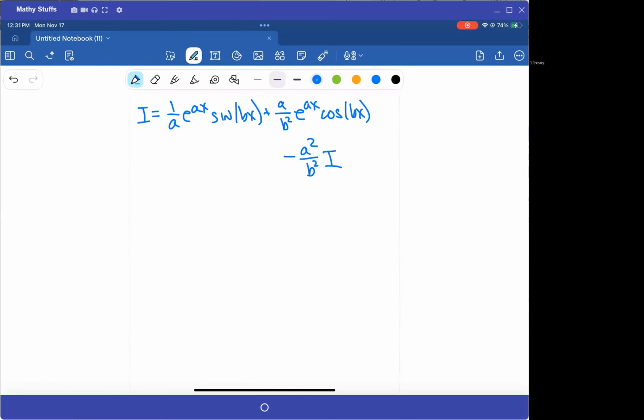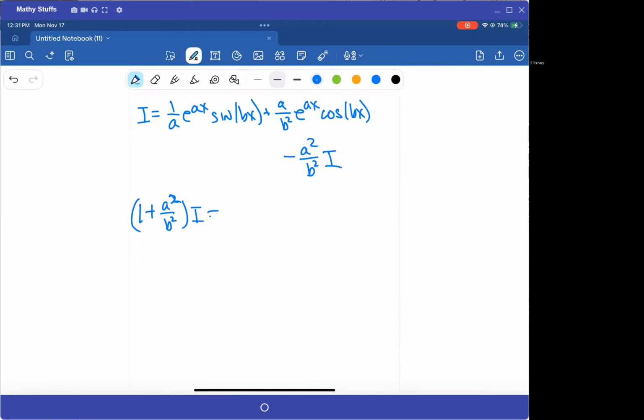So we've rewritten the original integral I in terms of some fancy stuff, some e's and sines and cosines, and then also itself. So here's the cool trick. I'm going to move the minus a squared over b squared I to the left side.